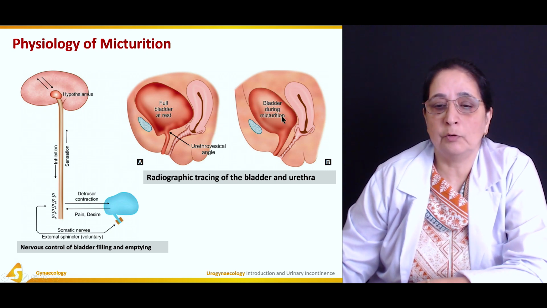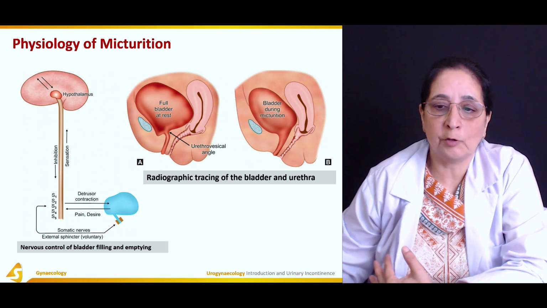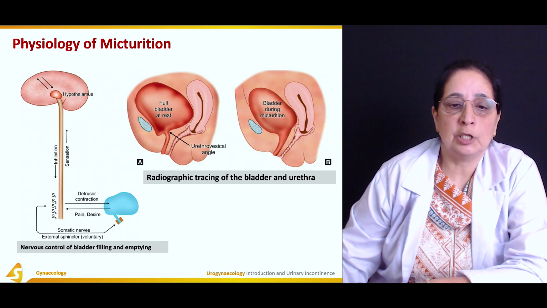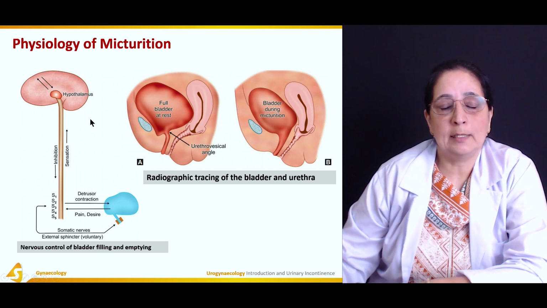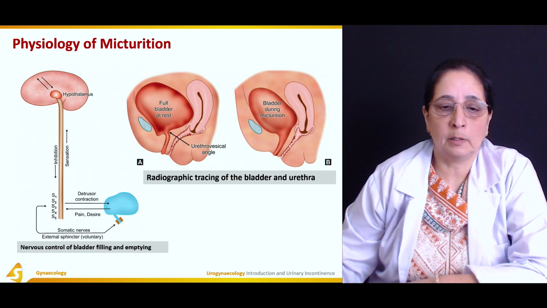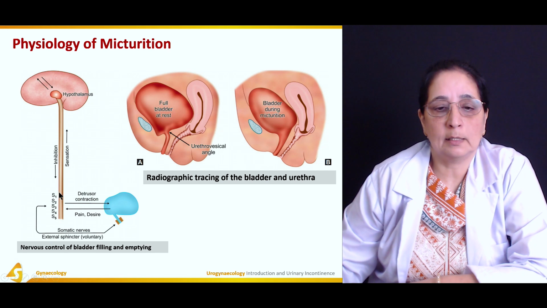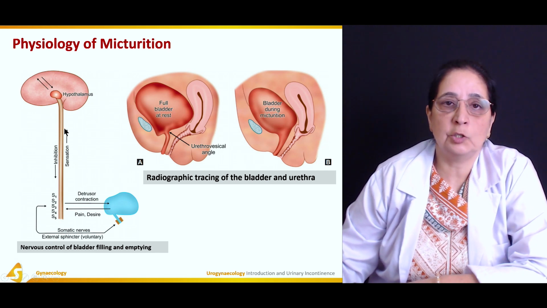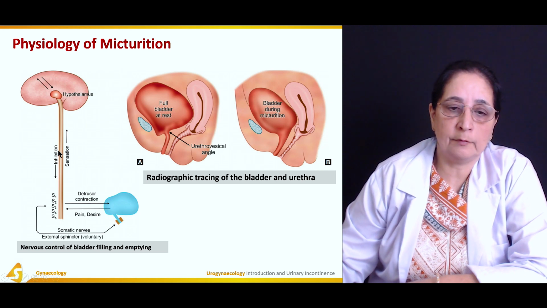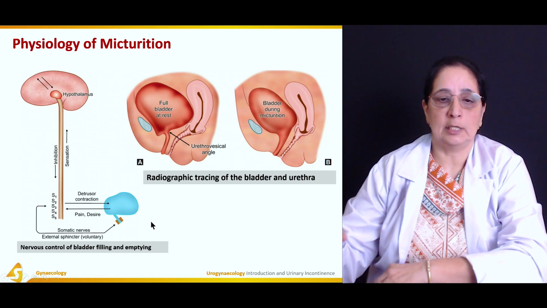Once the detrusor muscle contracts, pressure inside the bladder increases and it leads to the process of micturition, and it is controlled by the nervous system. Once the contraction of the detrusor muscle occurs, there is a sensation to the hypothalamus. The hypothalamus then relays the information, and then the process of micturition takes place.